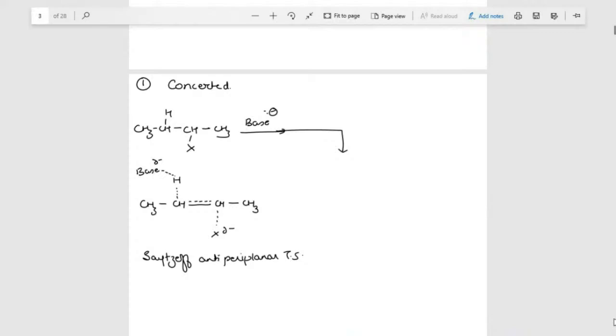This is called Zaitsev because the transition state is having the alkene towards the more substituted carbon. I can have the similar one with CH2, H, base, delta minus like this. This I will call the Hofmann anti-periplanar transition state.